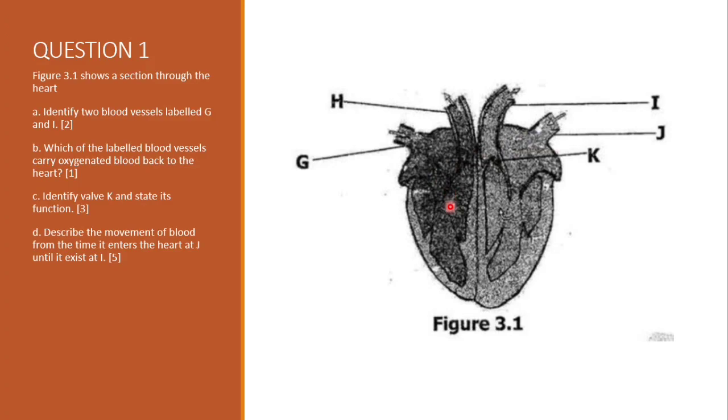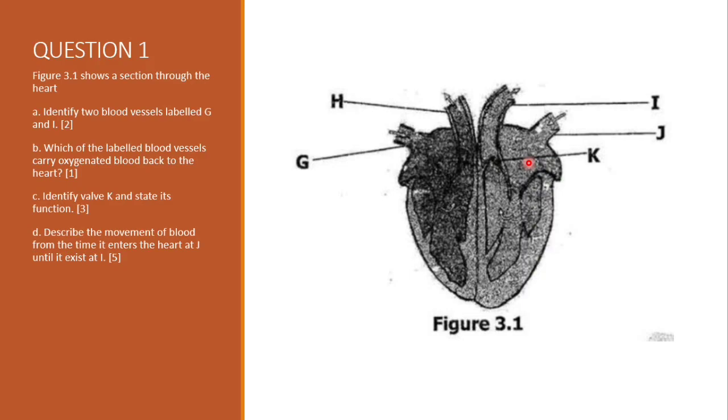Alright, identify valve K. If you look at this diagram, blood is coming in, entering this chamber. At the exit of every chamber there are valves.